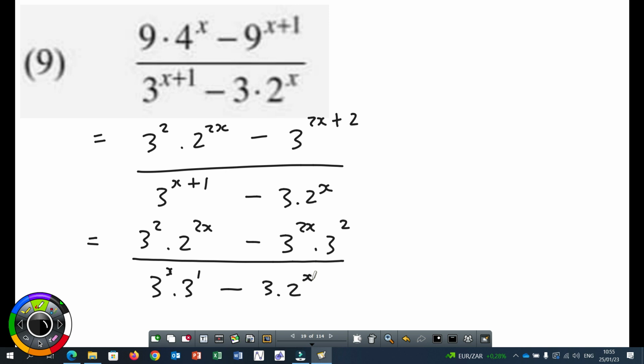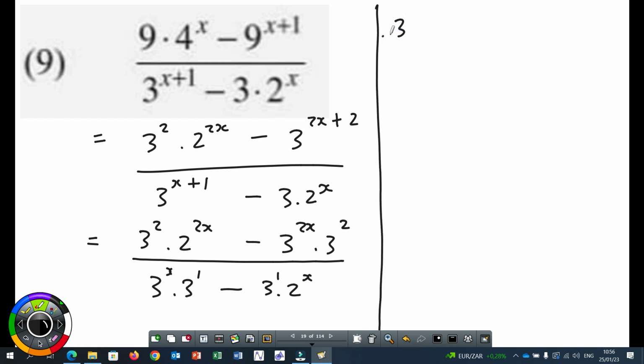It's 3, or we can say 3 to the power of 1. Do you all see that? We have this 3 squared here, we have that 3 squared. In our denominator, we have this 3 to the power of 1, we also have that 3 to the power of 1. Which means if I want to take out a common factor after this step, my common factor has to be 3 to the power of 1. Are you understanding that? Okay, so let's take out that common factor.